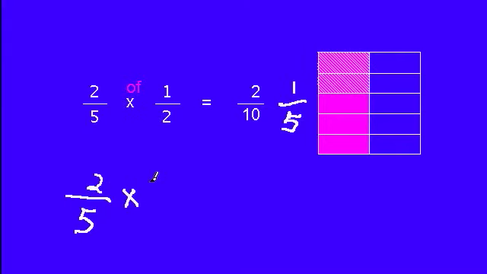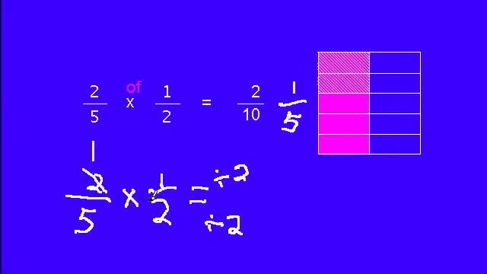So we have 2/5 times 1/2, and by dividing top and bottom by 2 here, as long as you do it in pairs. If you reduce the top number by 2, you have to reduce one of the numbers on the bottom by 2. So you multiply across. 1 times 1 is 1. 5 times 1 is 5.